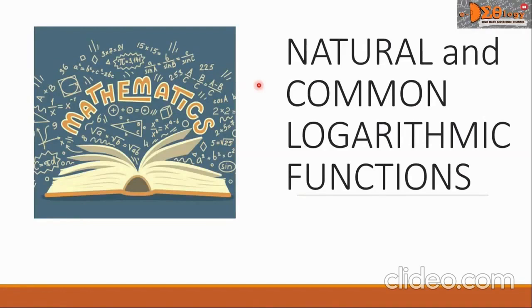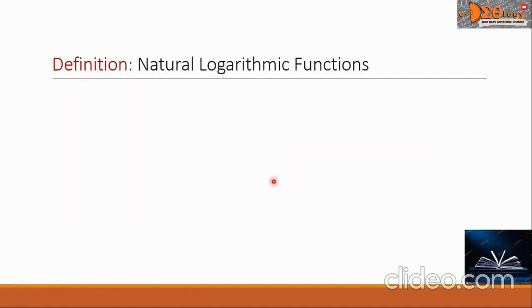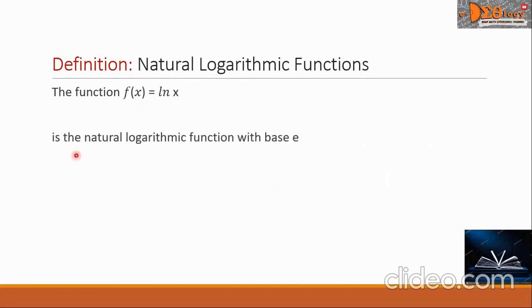Today we're going to study natural and common logarithmic functions. First, let us define natural logarithmic functions. The function f of x equals ln x is the natural logarithmic function with base e.